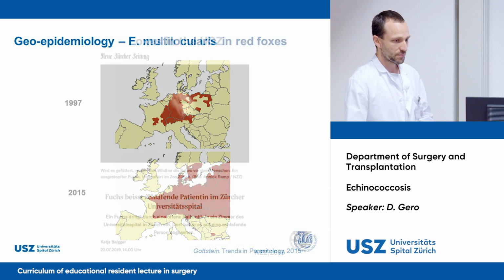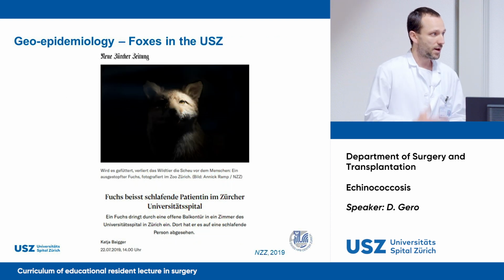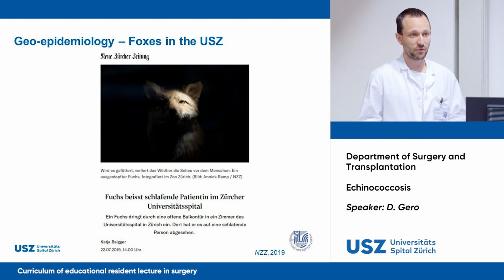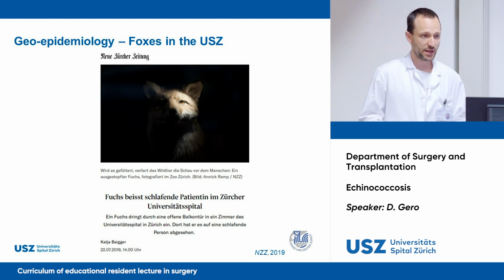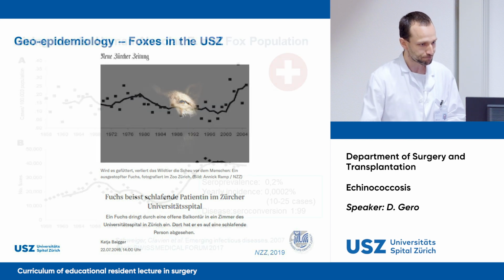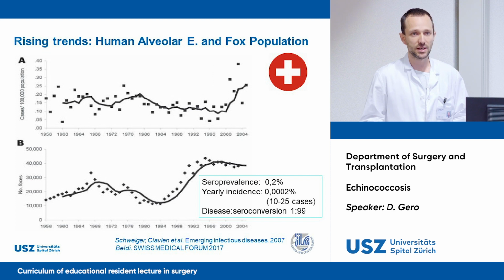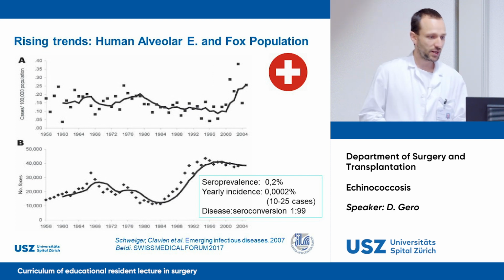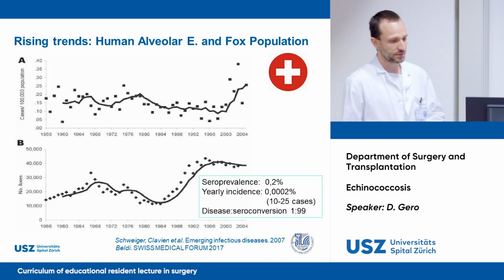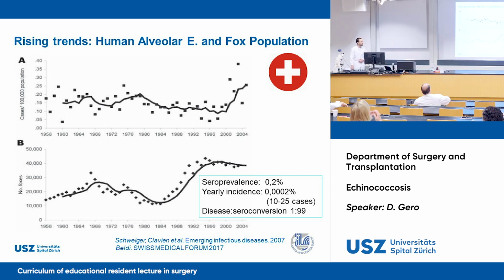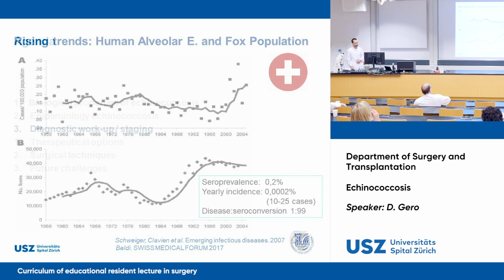Also in Switzerland and also in Zurich. Last summer, the media reported presence of a red fox in this building where a sleeping patient was attacked. A Swiss publication has shown a correlation between the increasing number of foxes and the number of reported human alveolar echinococcosis cases. The yearly incidence is somewhere between 10 and 25 cases with a seroprevalence of 0.2%.